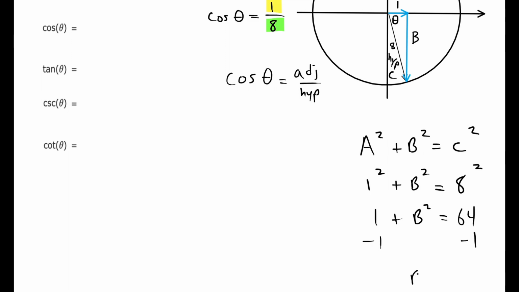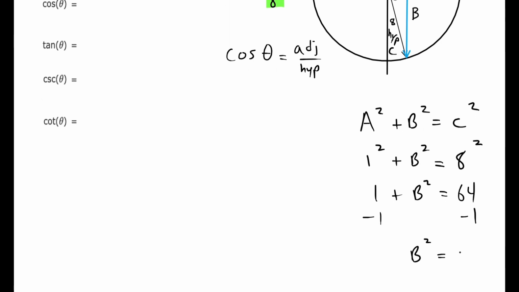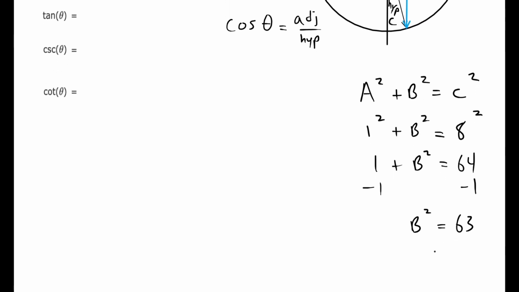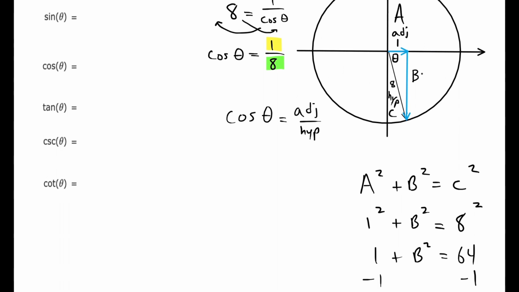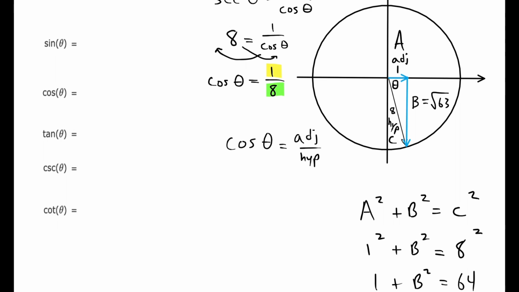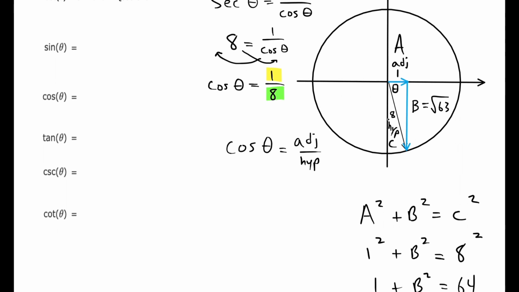Subtract 1, and we get that b squared is 63. So b must be the square root of 63. Now we have all the sides that we need in order to complete the rest of the problem.